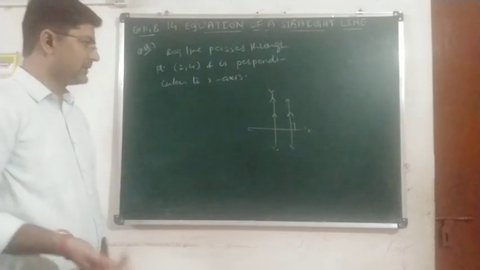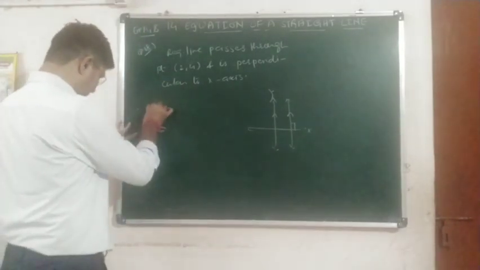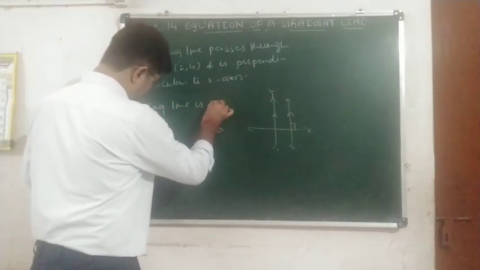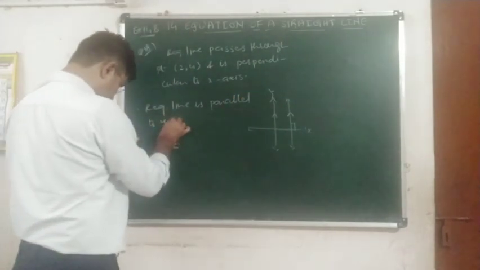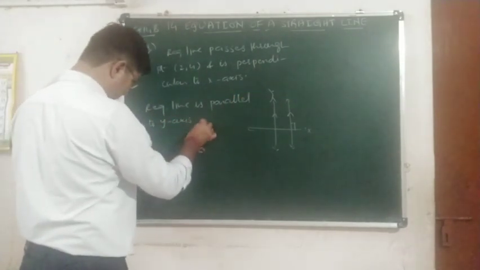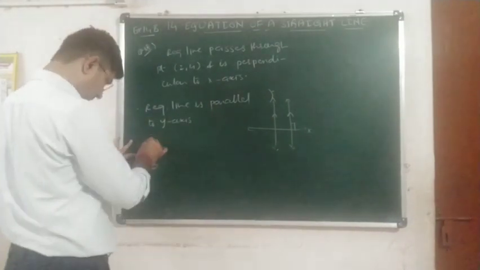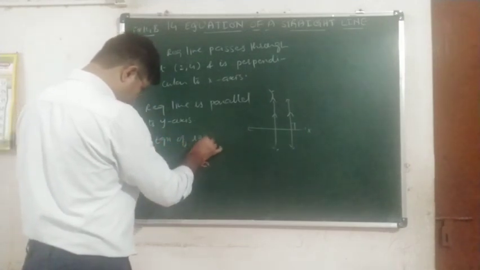We will consider in this way that the required line is parallel to y-axis. And it is passing through the point 2, 4, and therefore the equation of the required line.